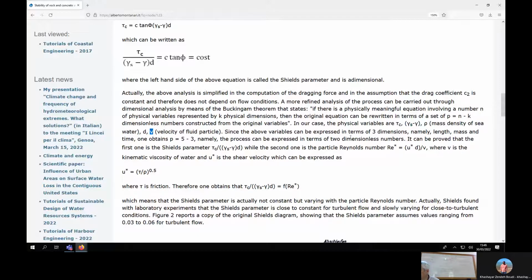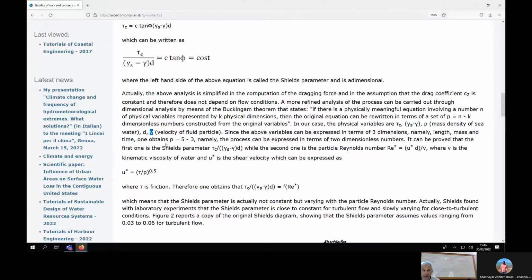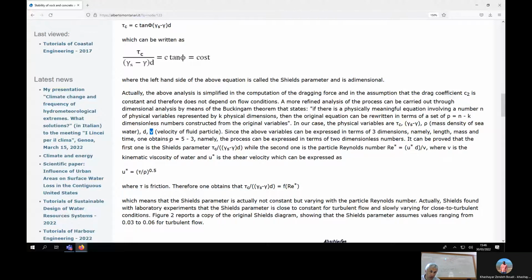And they can be expressed in terms of 3 dimensions. Very good. Now, the conclusion is that the dependence among these 5 variables, and therefore the problem of the equilibrium, can be expressed in terms of a relationship between 2 dimensionless variables.